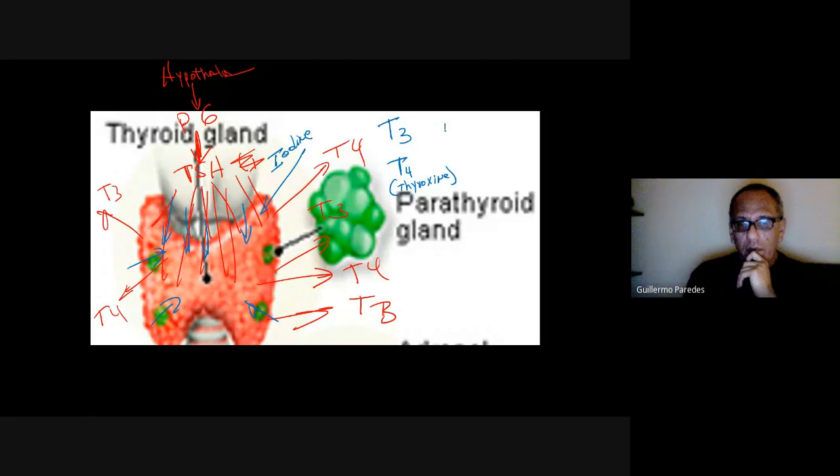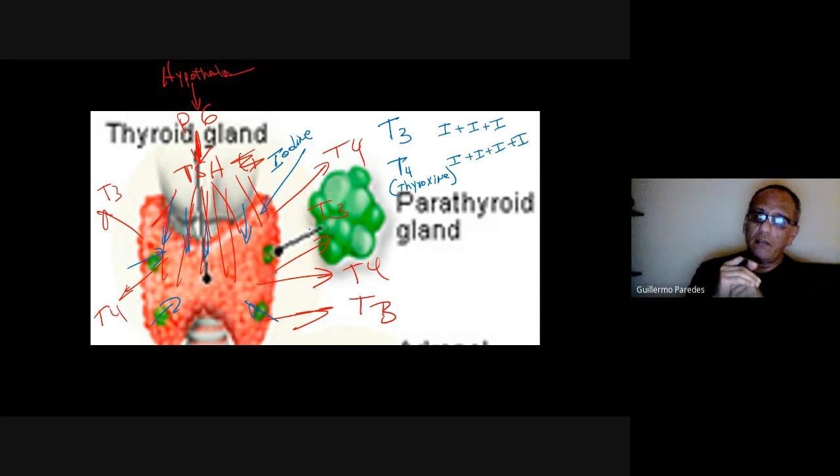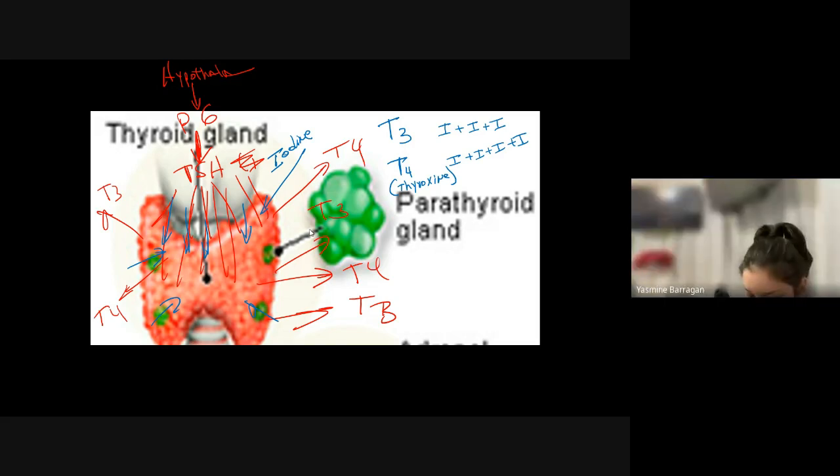Because the molecule contains three iodines. Why is it called T4? Because it has 4 iodines. That is how the thyroid gland is going to work. Okay? We okay with that? Yes. Okay.